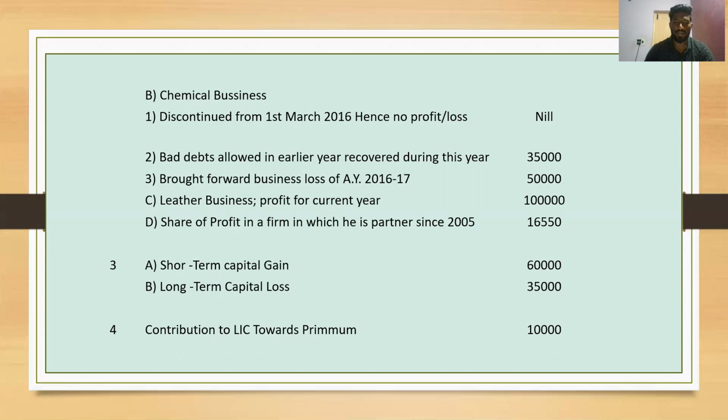Second, bad debts allowed in an earlier year and recovered this year is 35,000.